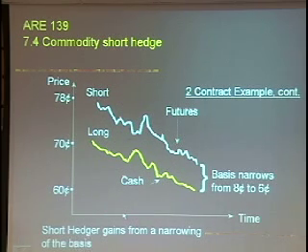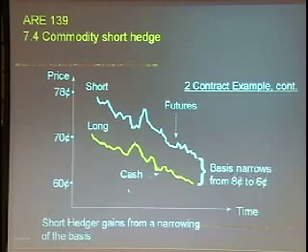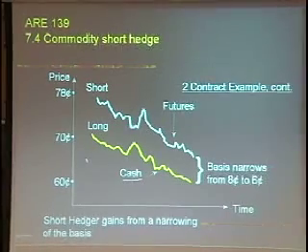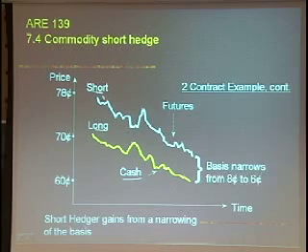So let me go back to the graph I started with this morning, just to drive this home. So here we're long on the cash side, we're short on futures, and the basis narrowed.